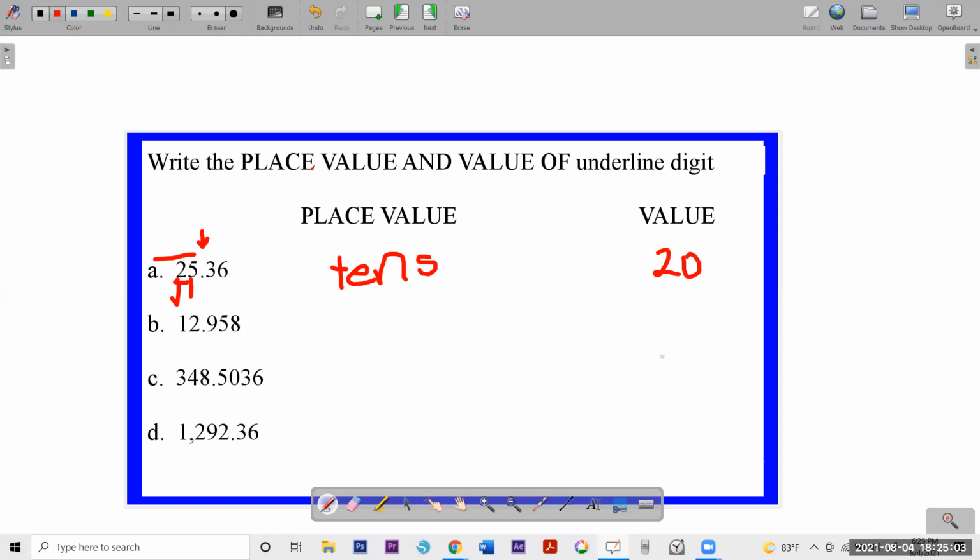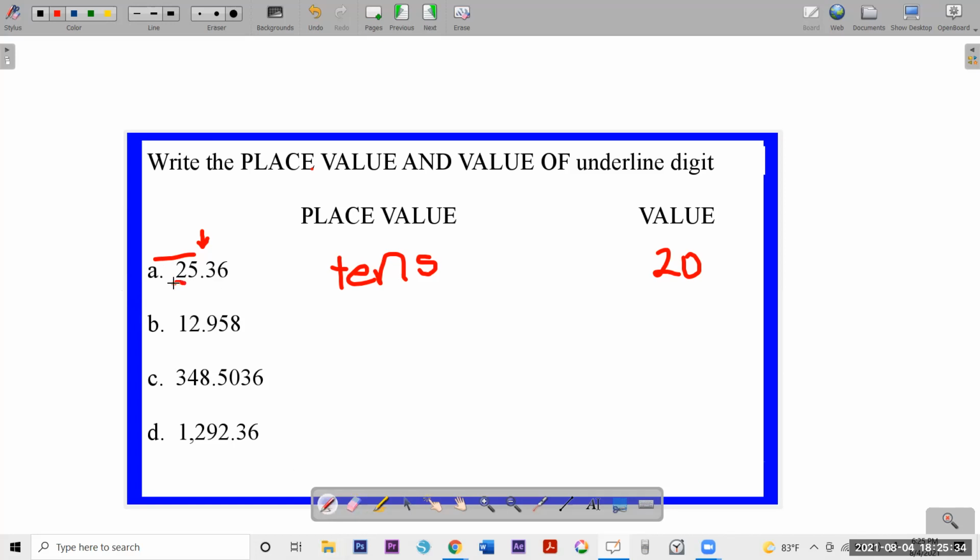Okay. So let's go over this quickly again. Place value speaks about the position of the digits. Is it the ones, the tens, the hundreds, the thousands? So that's what place value is speaking to. The value is talking about the quantity that the digit holds. So in this example, we're speaking about the 2.